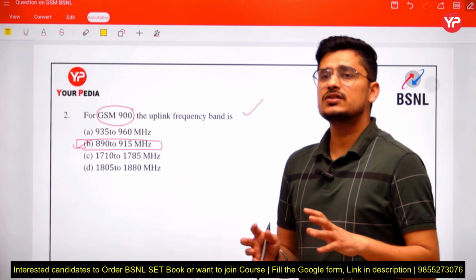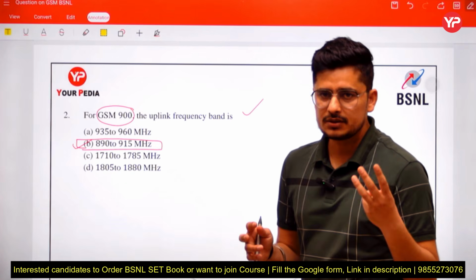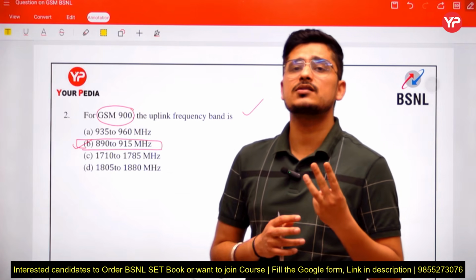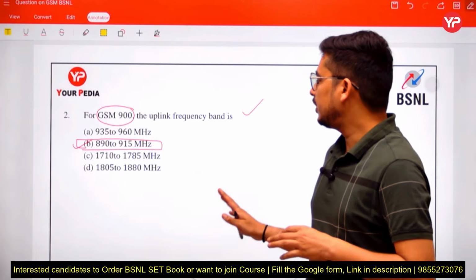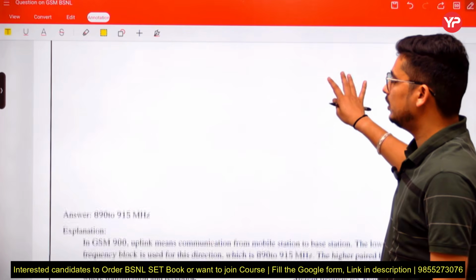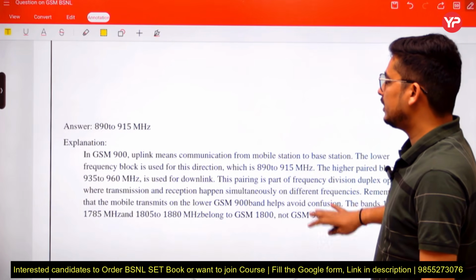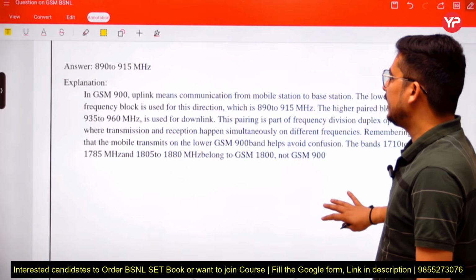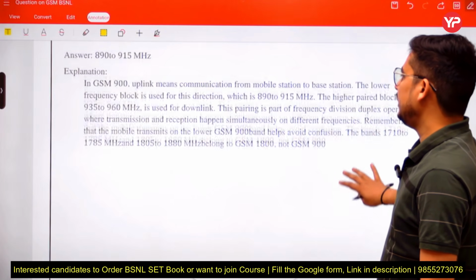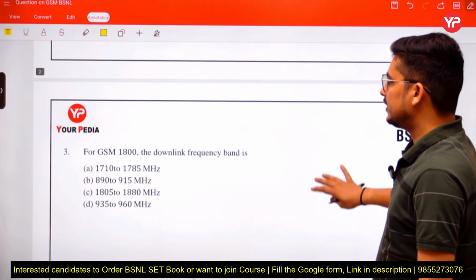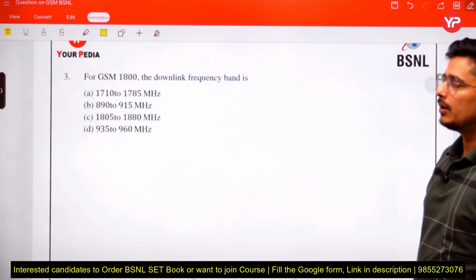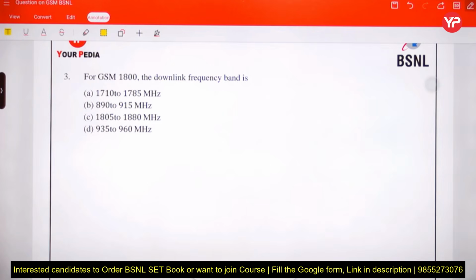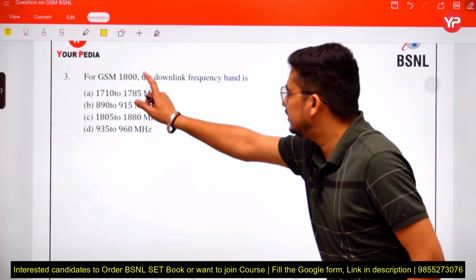When we studied the GSM, I took 3 classes on that, and in them I discussed what the frequency bands for uplink and downlink frequencies are.